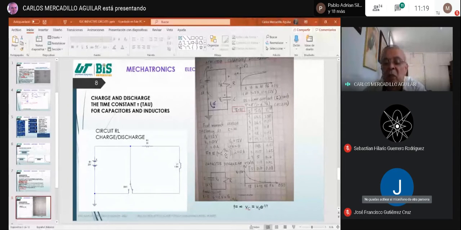So in this equation we can work in terms of the number of time constants.